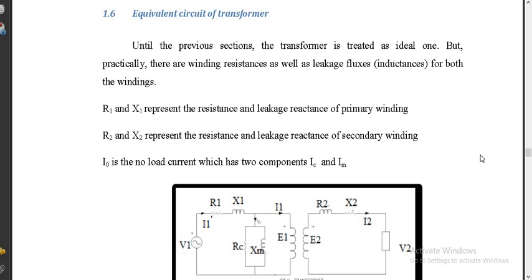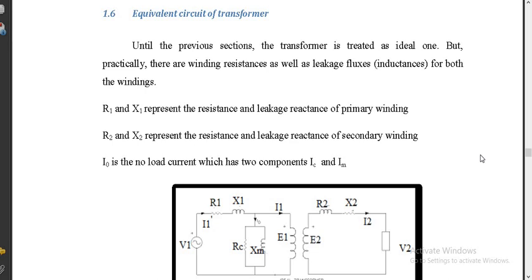So to depict the core loss component, I'm showing a resistance RC, and to depict the magnetizing component, I'm showing XM. That resistive and inductive branch is symbolically denoted for IC and IM, where IC is the core loss component and IM is the magnetizing component.